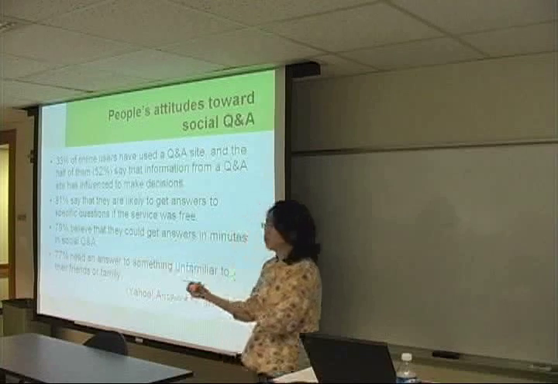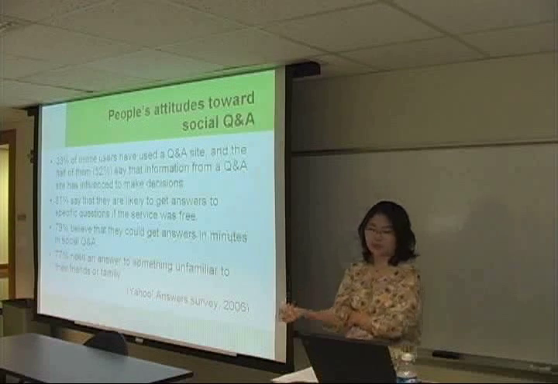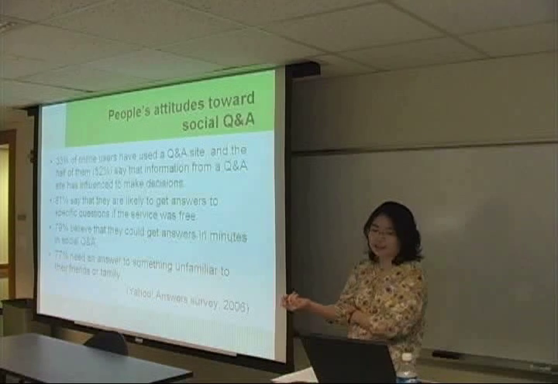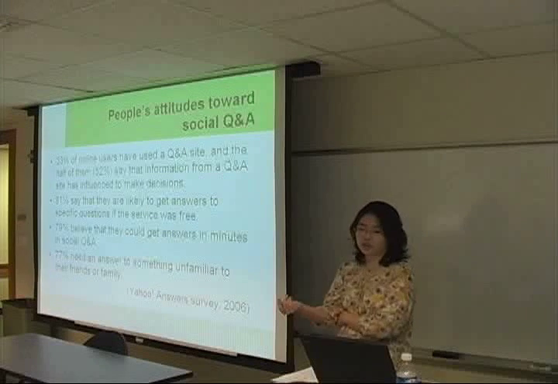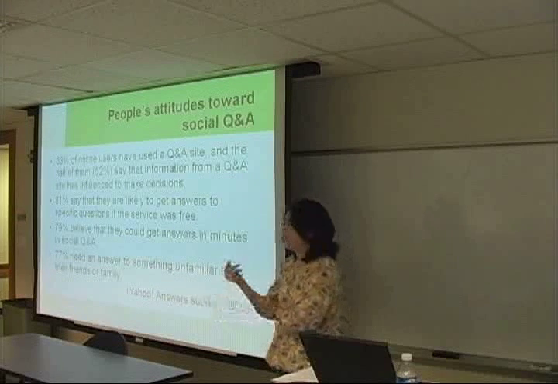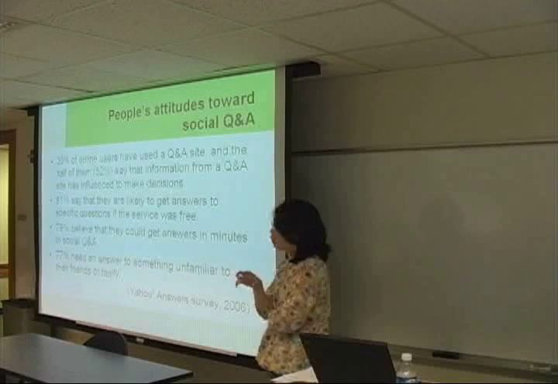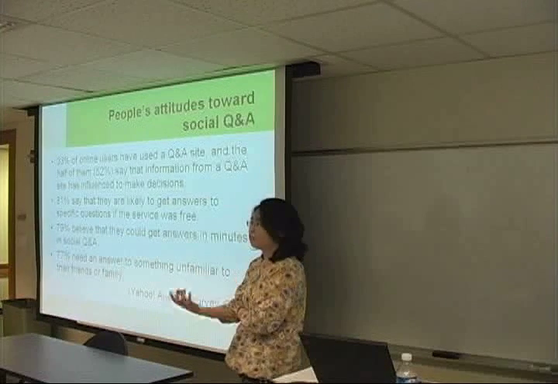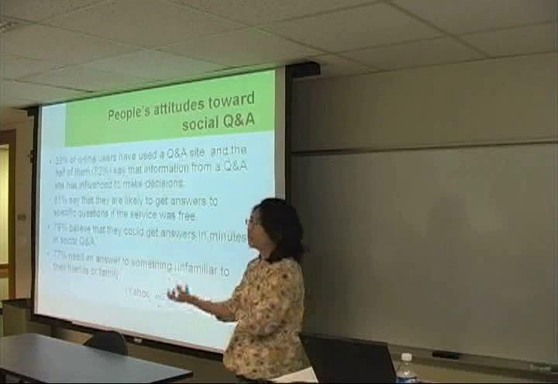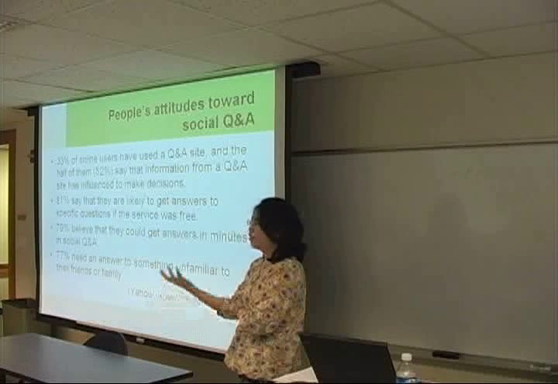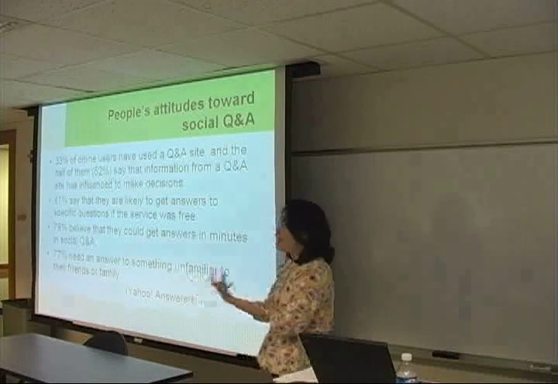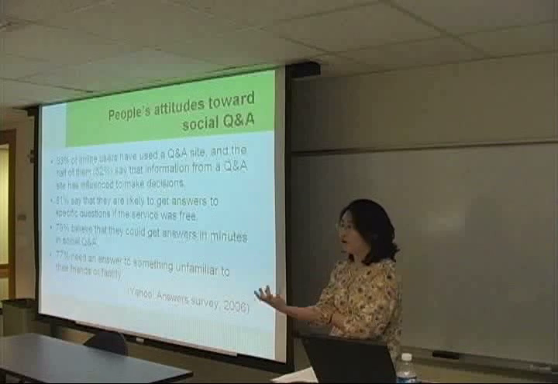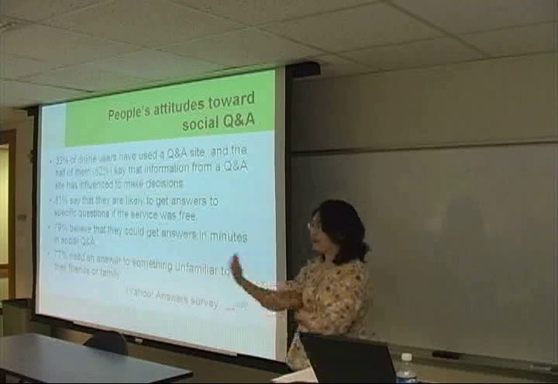And 77% of people need an answer to something unfamiliar to their friends or family. So the majority of the people who participated in this survey said they want to get responses from a group of people rather than just individual family members or friends. So they have a need to interact with a lot of people outside their physical area of access.